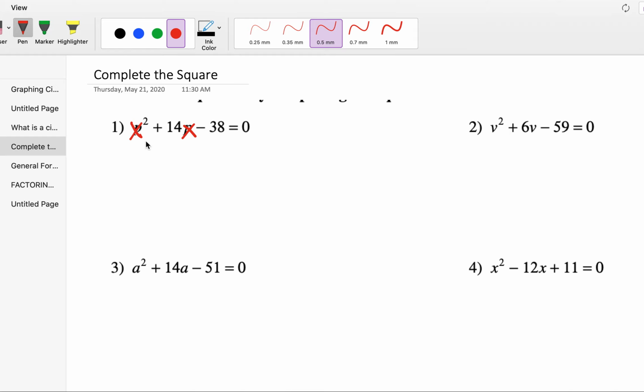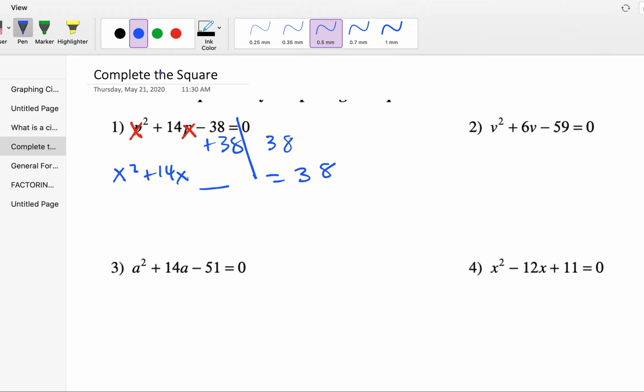The first thing we want to do is we're going to move the whole numbers over. So we want to deal with just the variables on one side. So I'm going to add 38 to both sides of the equal sign. So we have really x squared plus 14x, and then I'll leave a space here, equals 38.